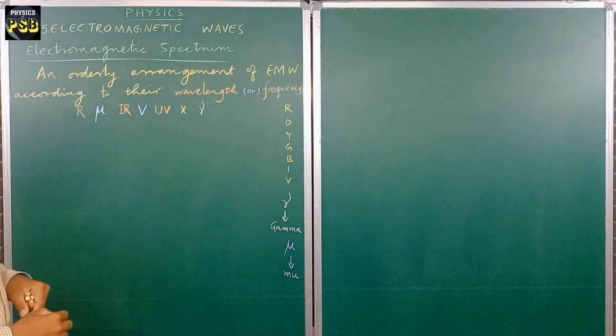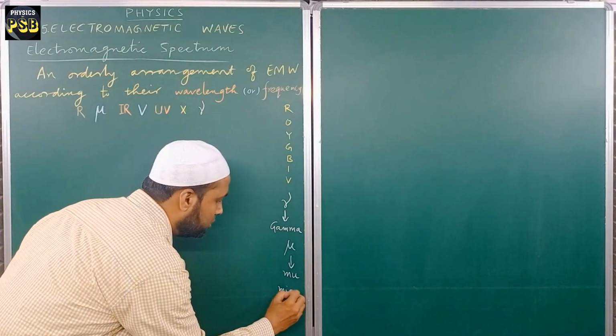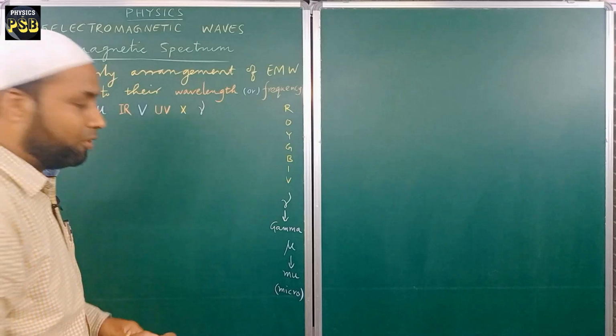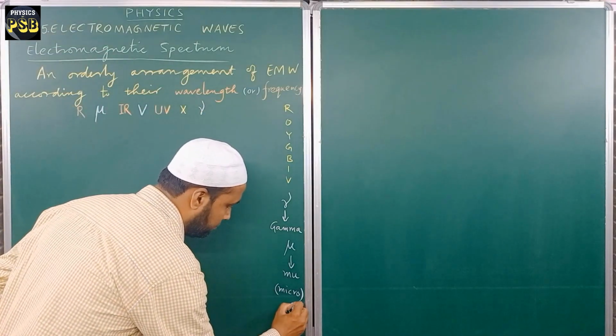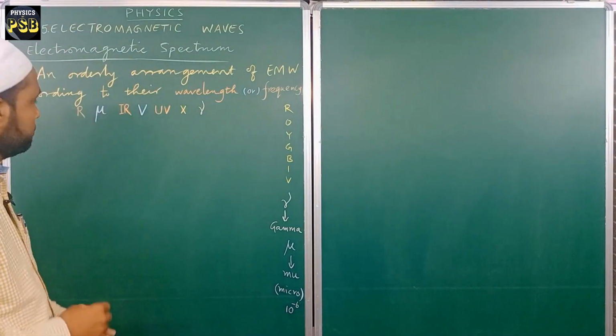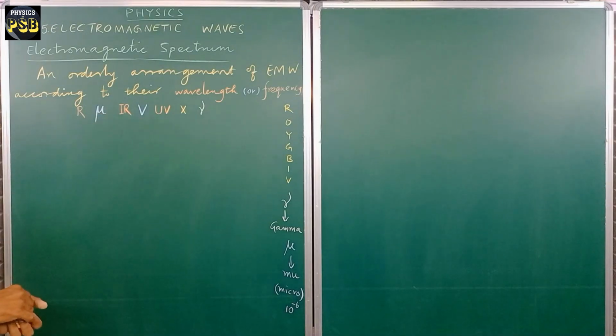Mu is usually used to represent micro. Micro is 10 power minus 6. So this is the arrangement of electromagnetic waves in the electromagnetic spectrum.